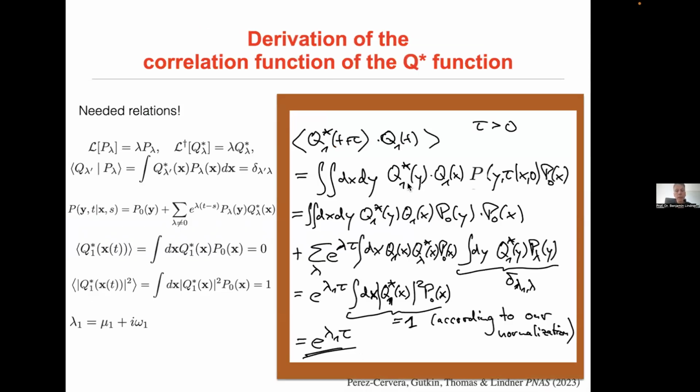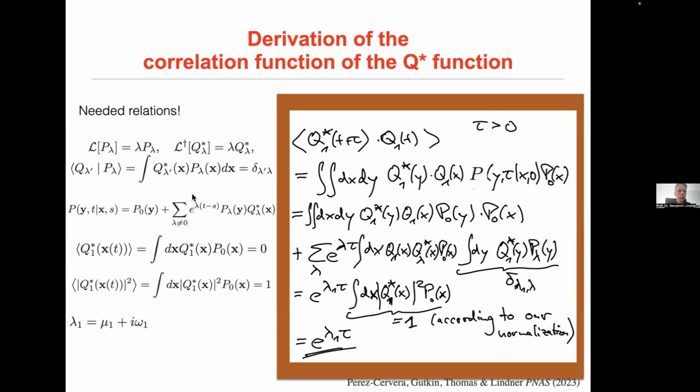Just to show you that this is really simple, I show you here my handwritten, hopefully readable calculation for the autocorrelation function. So you take q lambda 1 of t and q lambda complex conjugated at t plus tau for positive tau here. Then you can express that by a double integral over the transition probability, so the two-times probability density, essentially, if you multiply that with the stationary density here. And then you express this transition probability simply via the eigenfunction expansion.